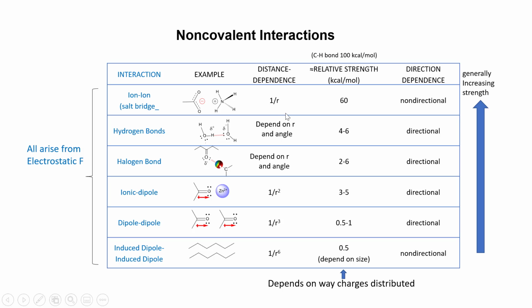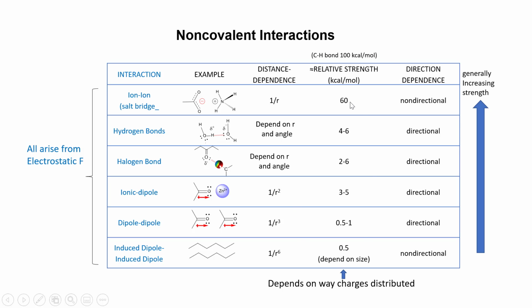You can easily show, however, that the energy, not the force, in an ion interaction is proportional to 1 over r, not 1 over r squared. We mostly use energy in kcals or kilojoules per mole in chemistry. Let's consider the energy dependency on r for each. In comparison, the covalent CH bond has a stability of about 100 kilocalories per mole.